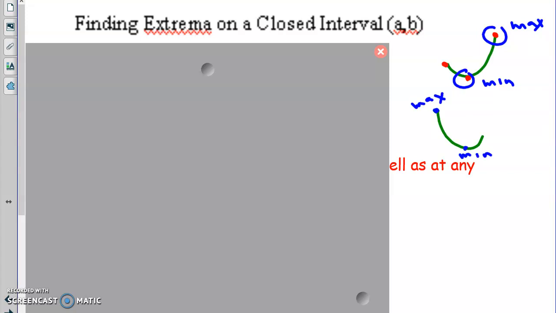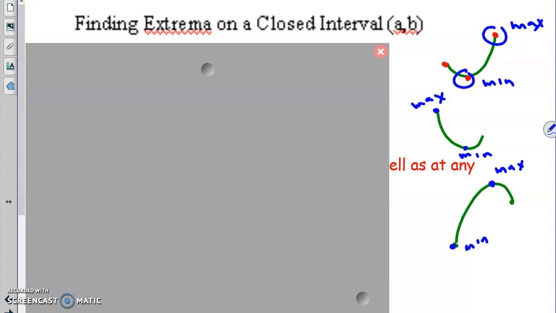And then the third case would be, let's see, the point we ended at was highest first, the point we started at was highest second, and what if we drew it like this? This point in the middle somewhere is max. This point is min. But what is that point? That is a relative extrema.